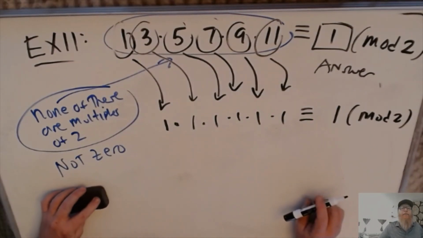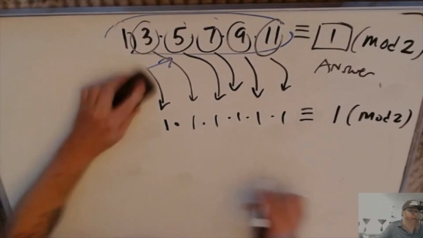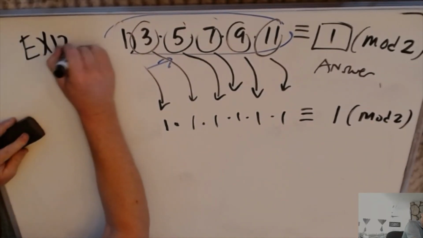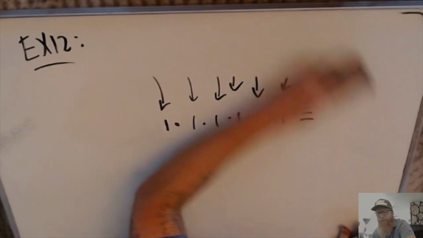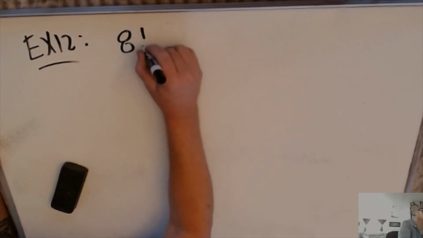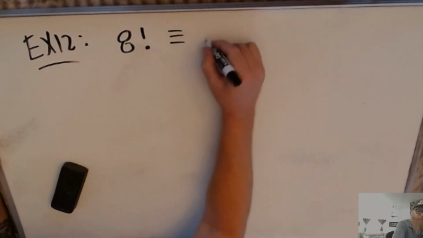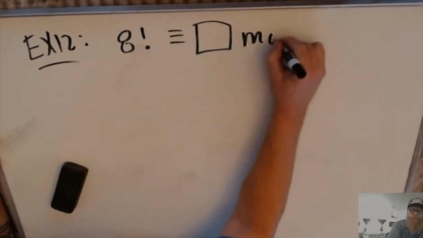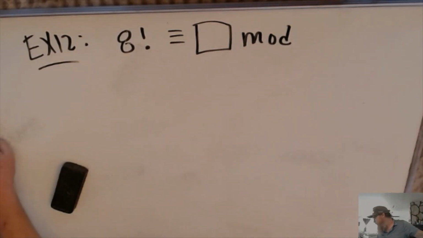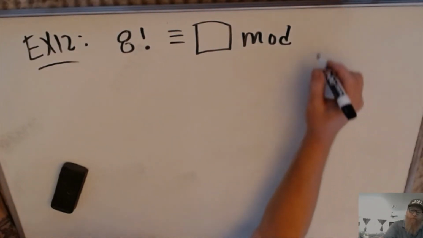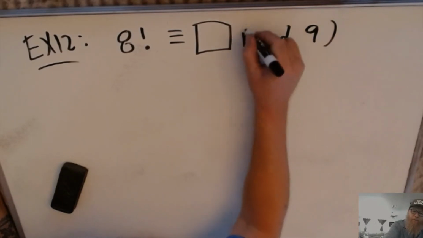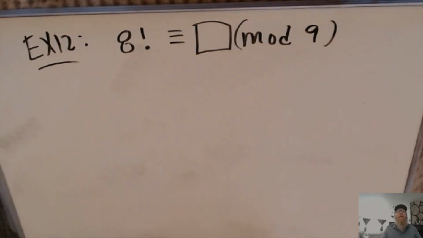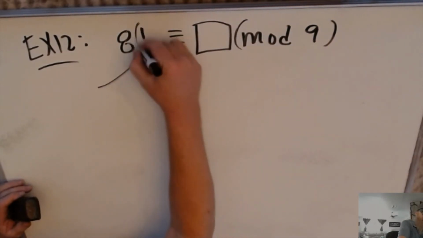Okay, the last thing I want to talk about, example 12, is a factorial. Maybe you've seen these before. This is called a factorial.